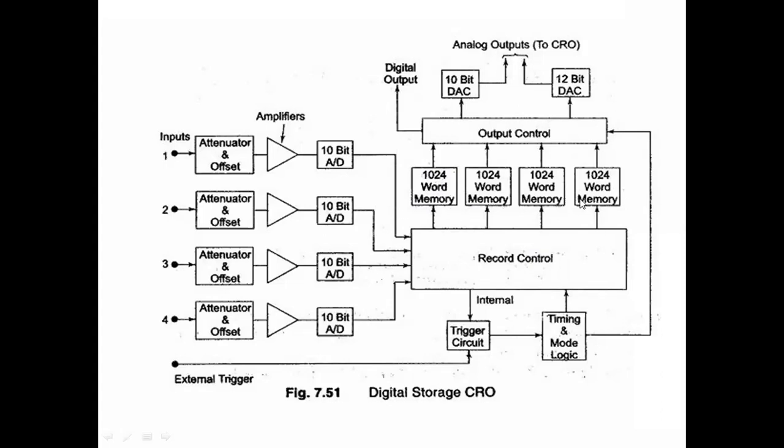So like this we have memory sections, and after this we have the record control. From the record controller, the trigger circuit, and the timing and mode logic, we can present the output which is stored in the memory, so that the data stored in the memory can be placed at the output section.